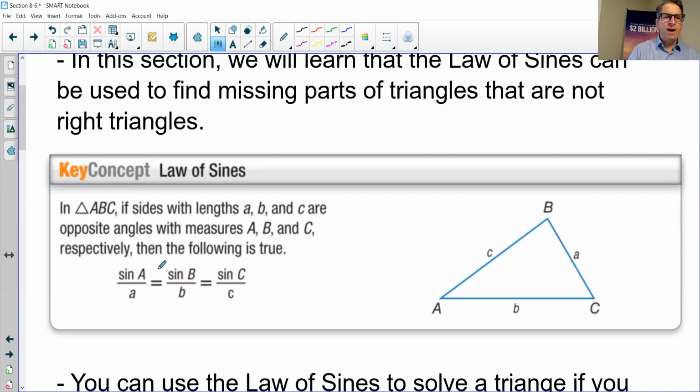The sine of angle A over side a is equal to the sine of angle B over side b, which is equal to the sine of C over side c. So you can see how those are all related here. Side a is across from angle A, side b is across from angle B, and side c is across from angle C.